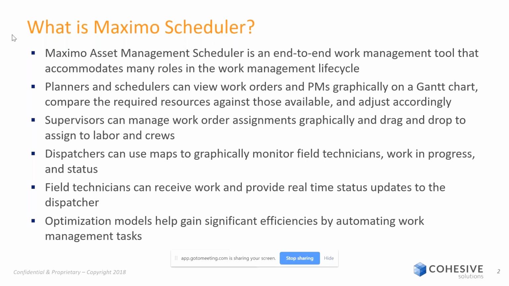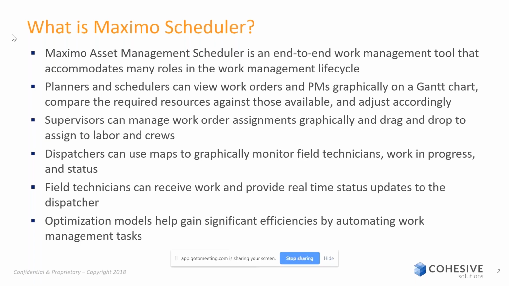So you get the work related information in the work order tracking applications, your labor information in those associated records, and then you have this scheduler tool, the graphical scheduling tool that brings that all together.